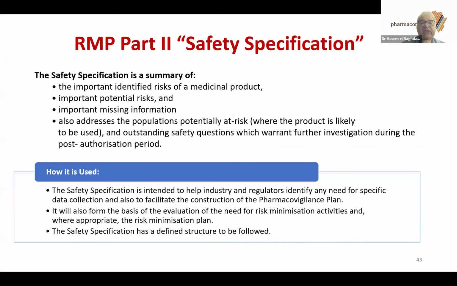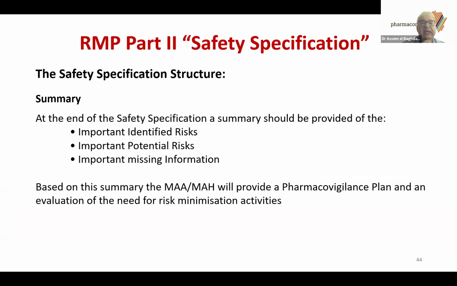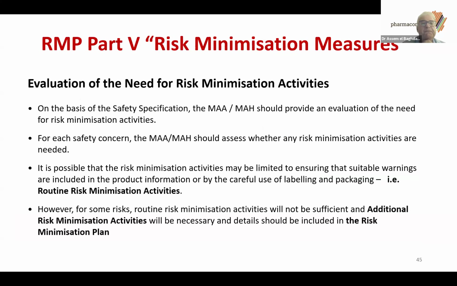Right. The safety specs here, I was still talking about safety specs and how you're going to use them. Right, the risk minimization. This is part 5. So this is the end. And how to evaluate the need for risk minimization activities.